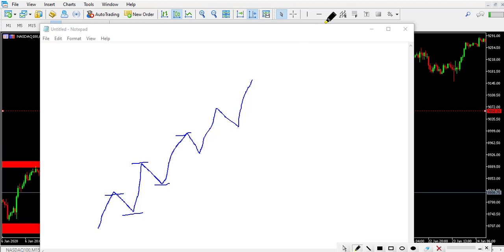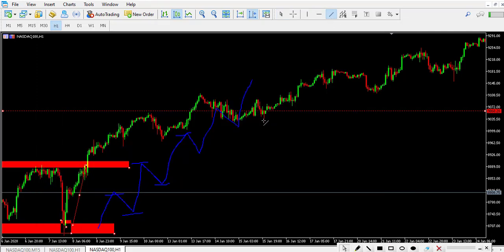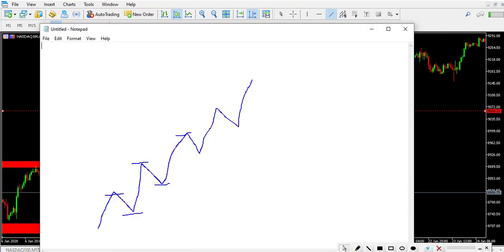Now, when the market is trending, it creates what we call dynamic support and resistance.